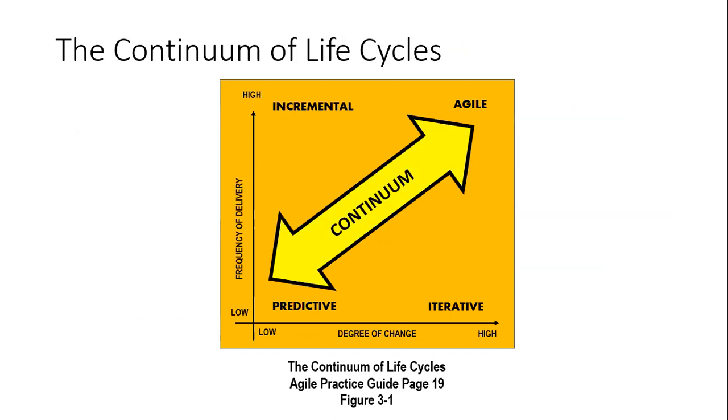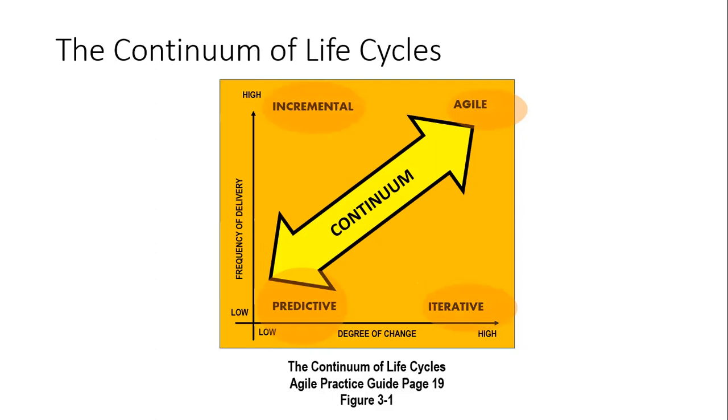It says, no life cycle can be perfect for all projects. Instead, each project finds a spot on the continuum that provides an optimum balance of characteristics for its context. Okay, so when you boil this down, the PMI have taken the Stacy complexity model and distilled it into this rather interesting chart or diagram, which has predictive, incremental, agile, and iterative.